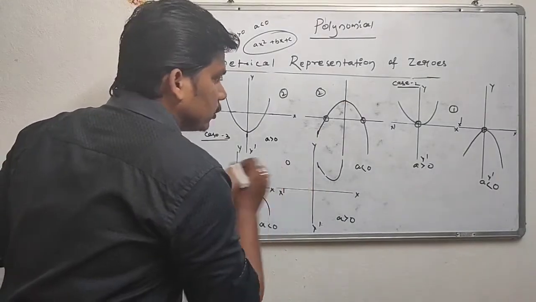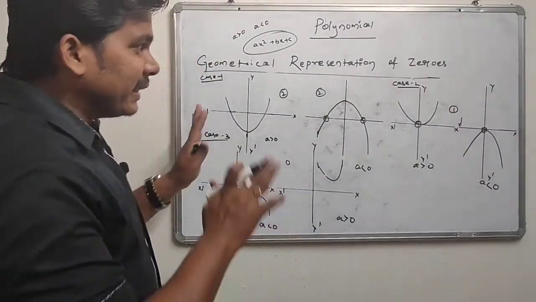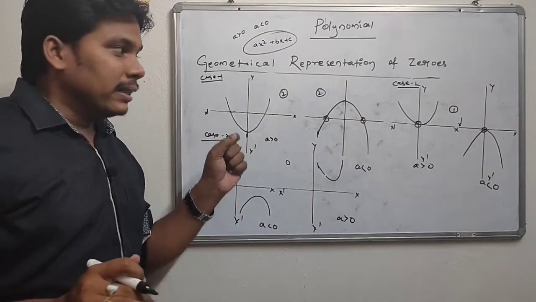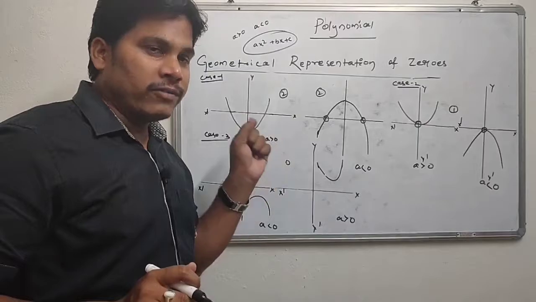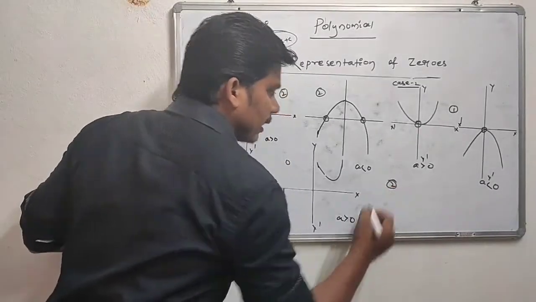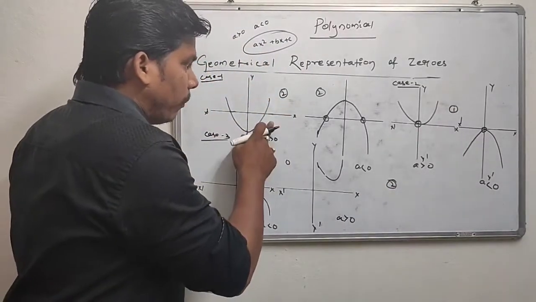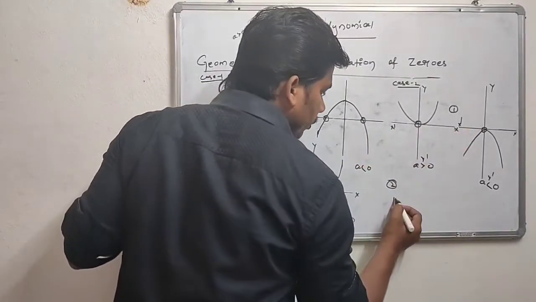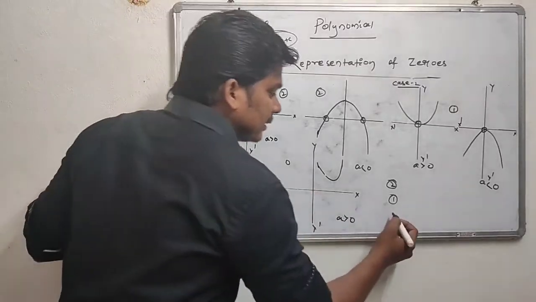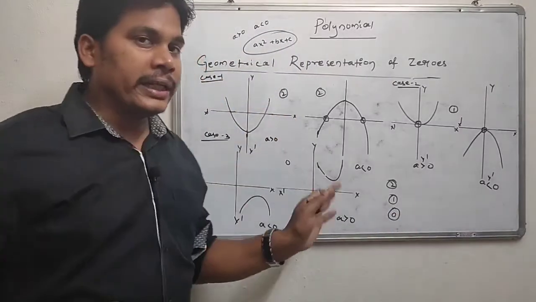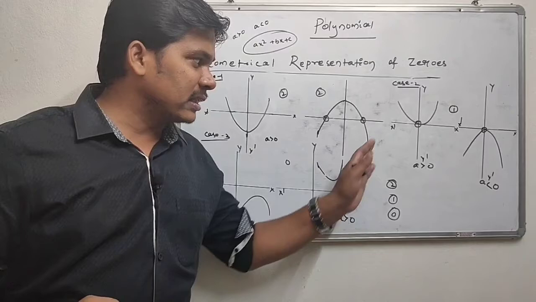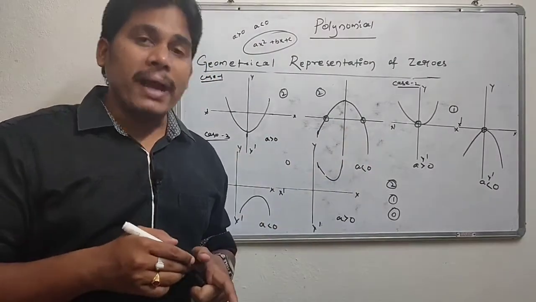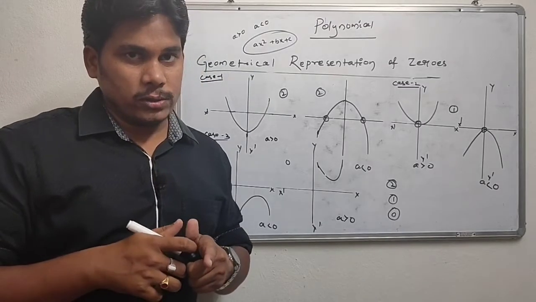Means here the number of zeros is 0. So from this we can understand, in a quadratic polynomial, the maximum number of zeros is 2. If it cuts at 2 points, this will be 2. If it meets at 1 point, this will be 1. And if it never meets, this is 0. Means the number of zeros for a quadratic polynomial is at most 2. It might be 1, it might be 0 also.